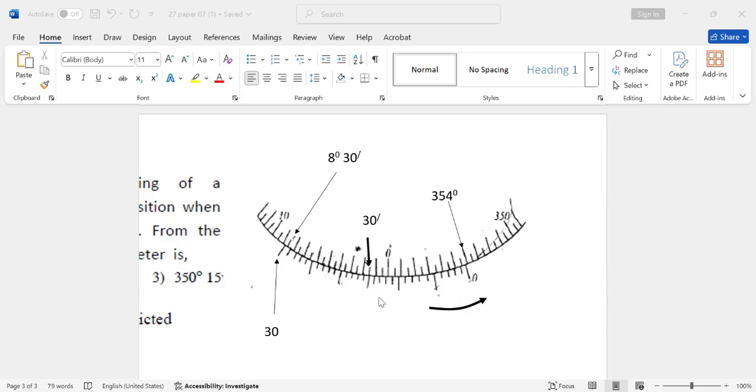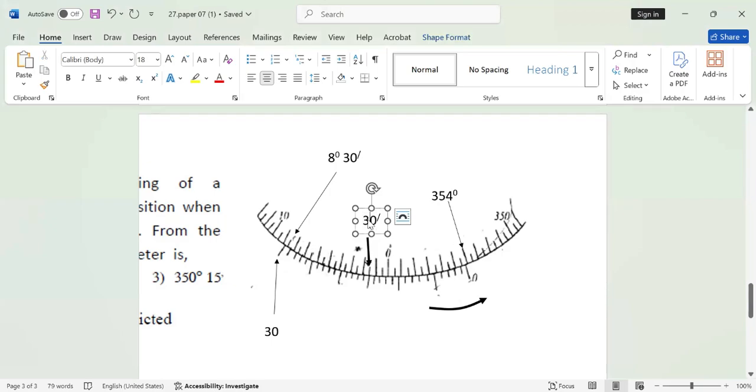You can observe that this is 1 degree and this one should be 1 degree and 30 minutes, right? The 15th vernier division coincides with 1.5 main scale division.